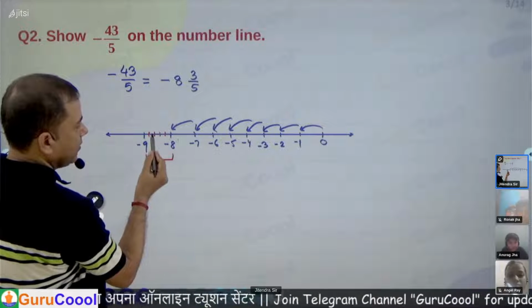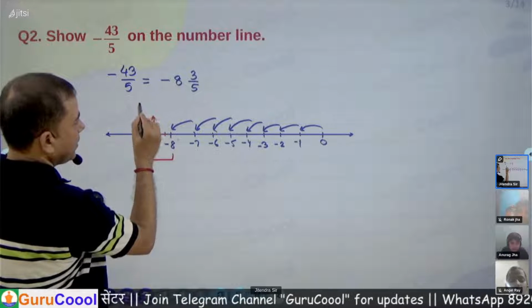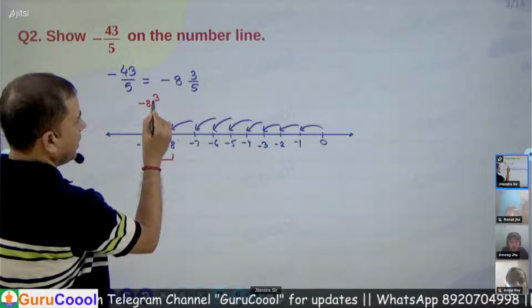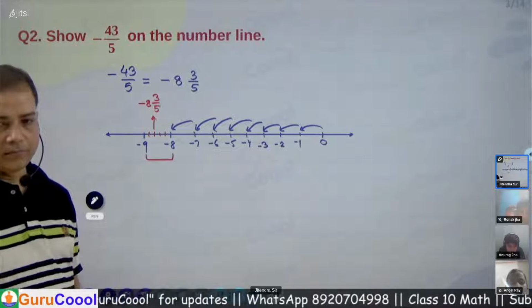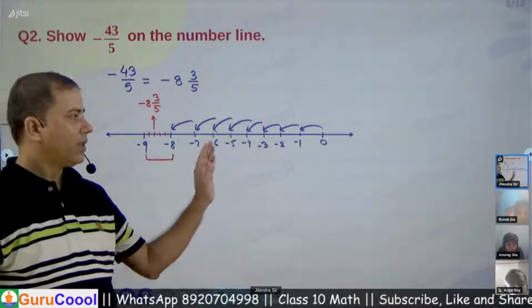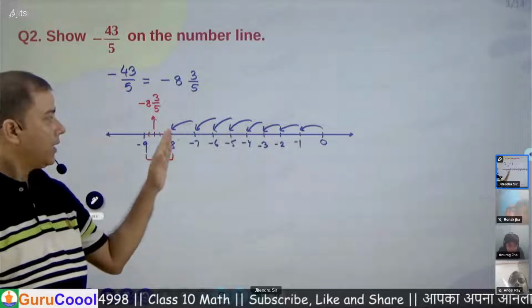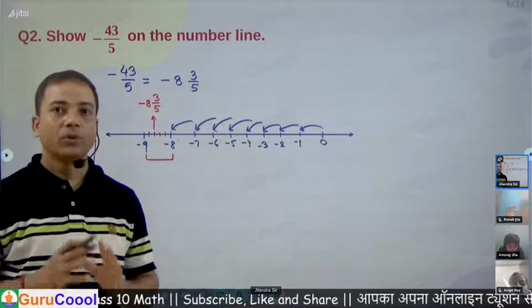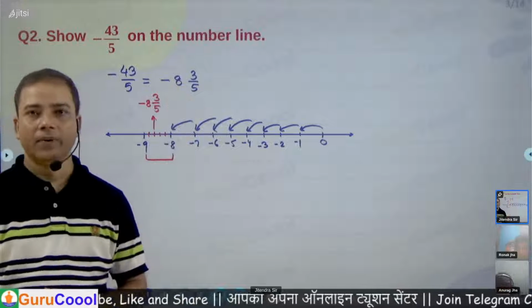Minus 8 and 3 by 5 is here. This one is representing minus 8 and 3 by 5. Is that okay? Yes, sir. We have traveled 8 units from 0 on the left side, and then extra 3 by 5 units. So total travel became minus 8 and 3 by 5.